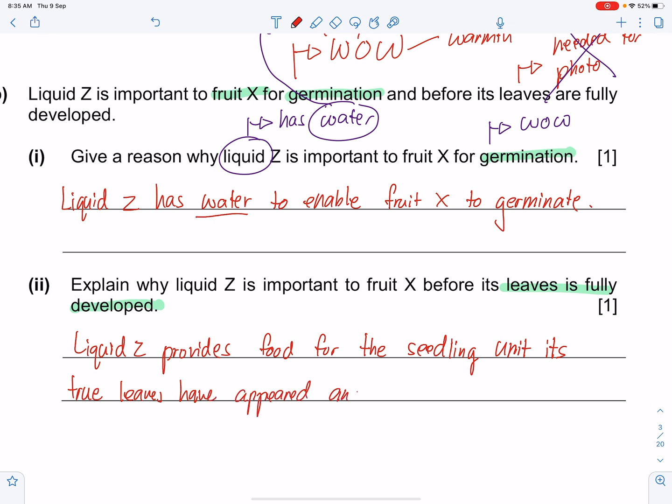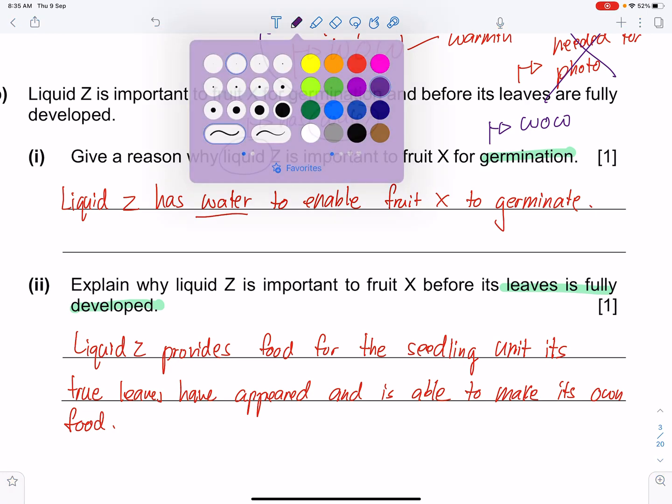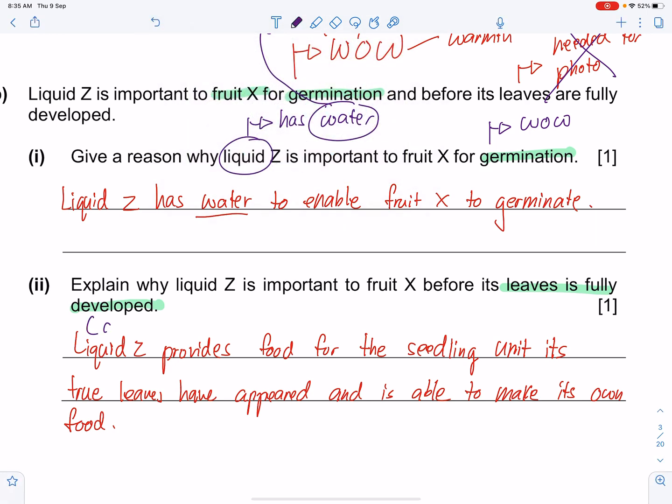and is able to make its own food. Okay, this is very important. So, in other words, your liquid Z is acting like your seed leaf.